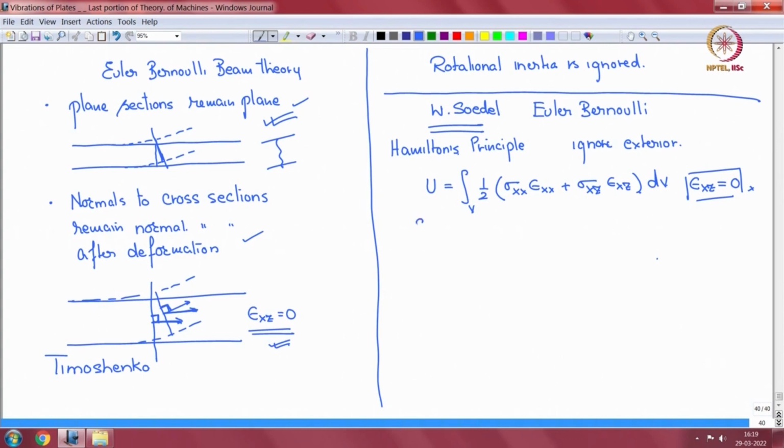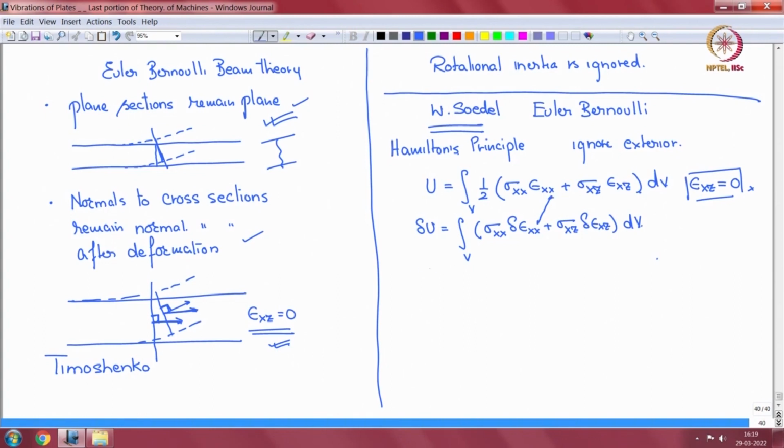And then delta of U is given by volume integral of sigma xx delta epsilon xx plus sigma xz delta epsilon xz dV. How this equation comes from here, I will prove it later for the general case. Right now you accept it. Okay.